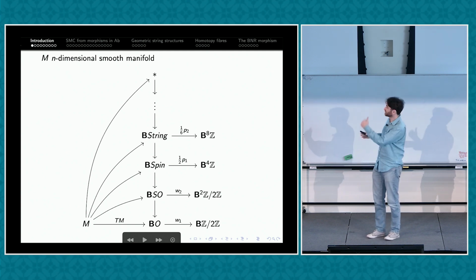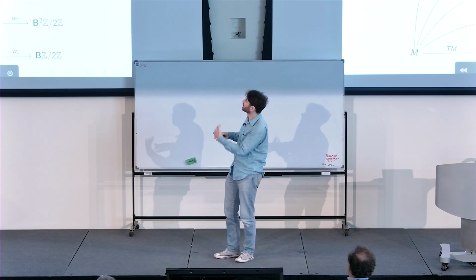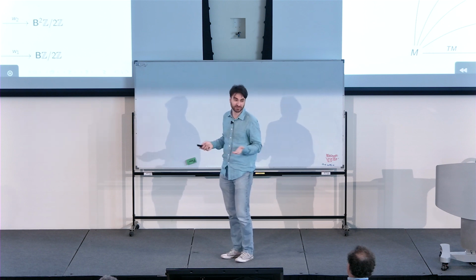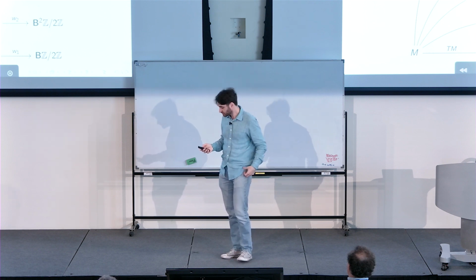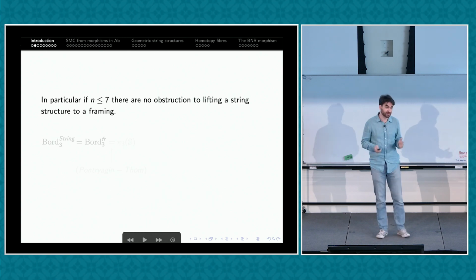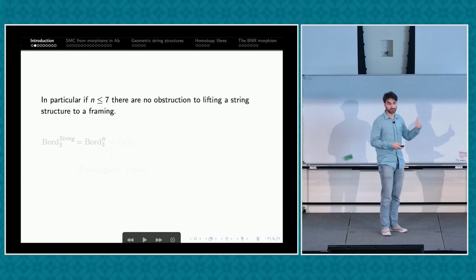So if my manifold has dimension small enough, having a string structure will be the same thing as having a framing. There will be absolutely no difference. A consequence of this is that, in particular, if my dimension is below 7, there is no obstruction in lifting a string structure to a framing.